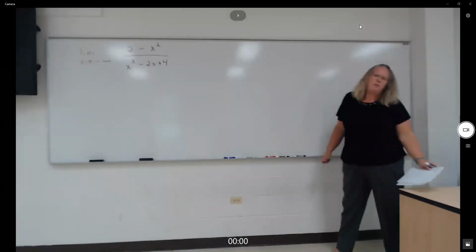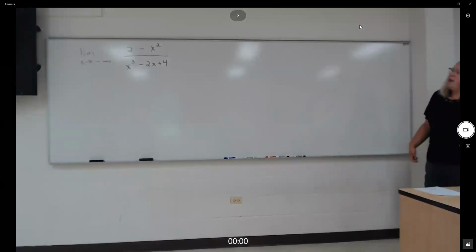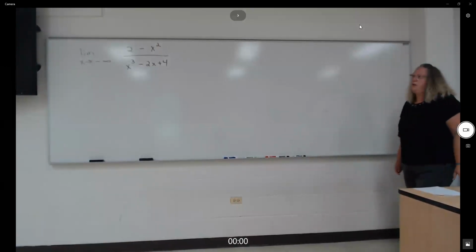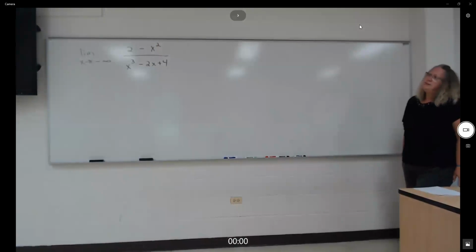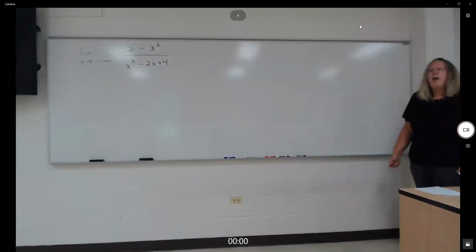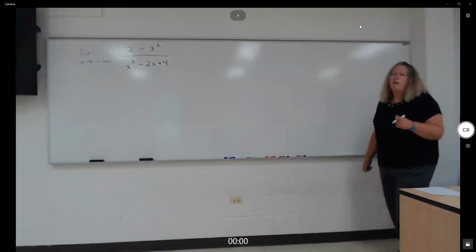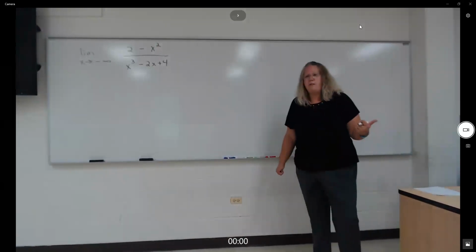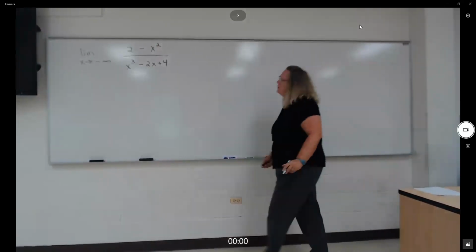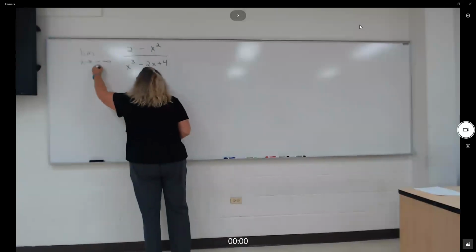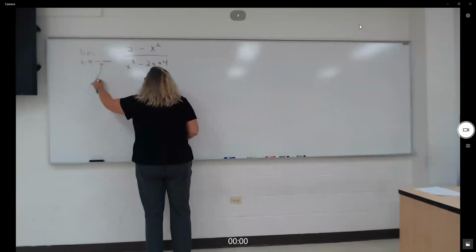So I have to recognize that I have a rational expression. And this is kind of nice. I don't really care if I'm talking about negative infinity or positive infinity. There's one time where we care. We'll talk about that in a minute. But in general, I just care about the end behavior.